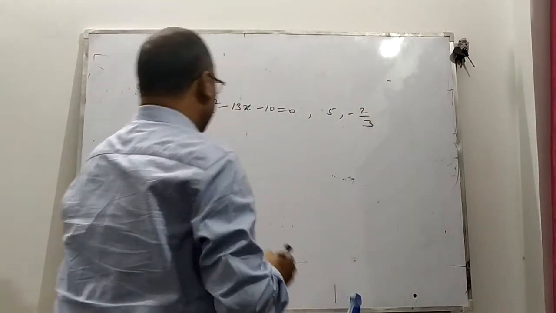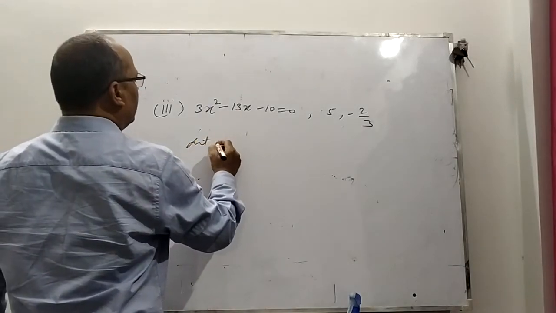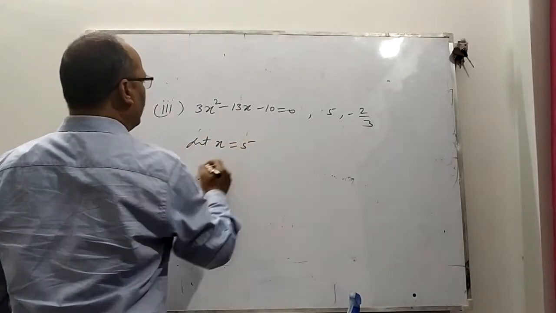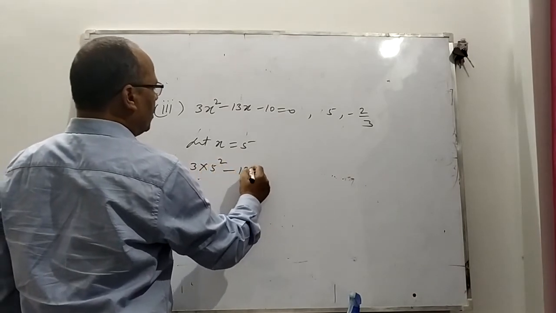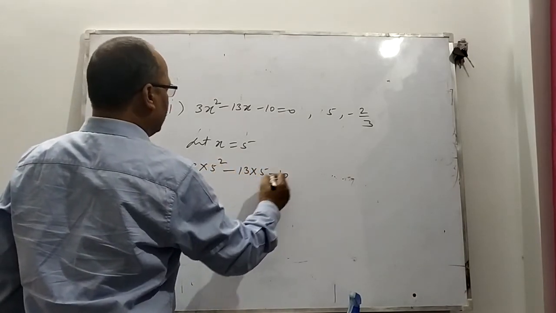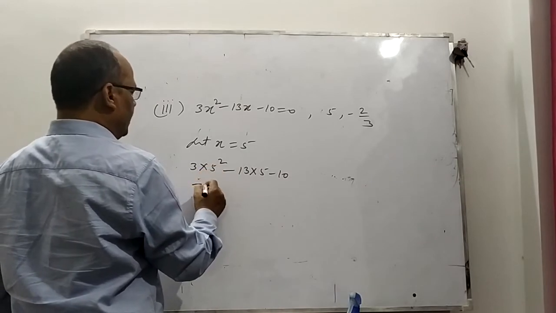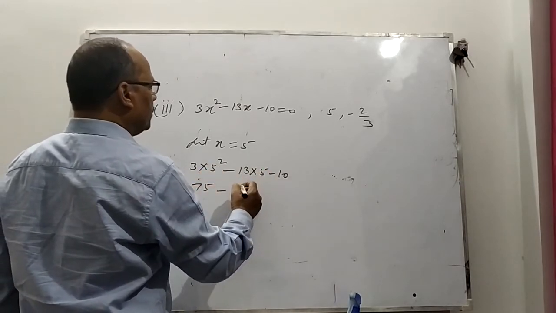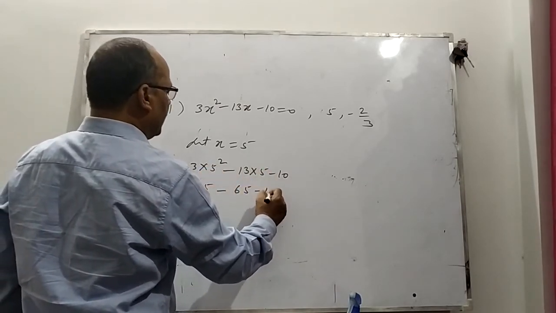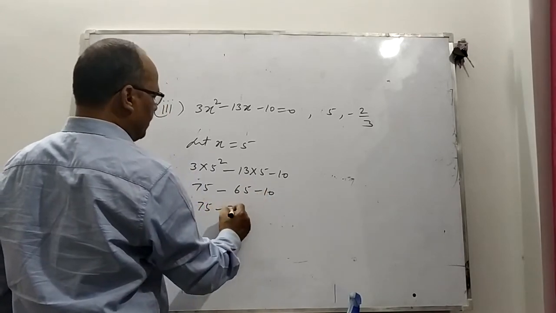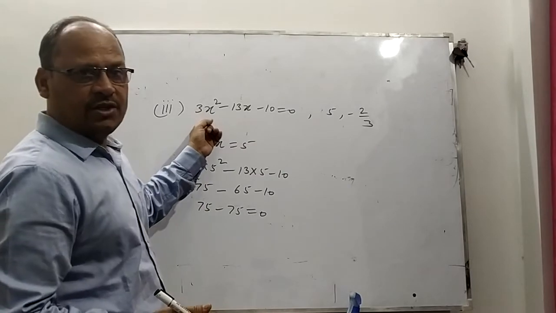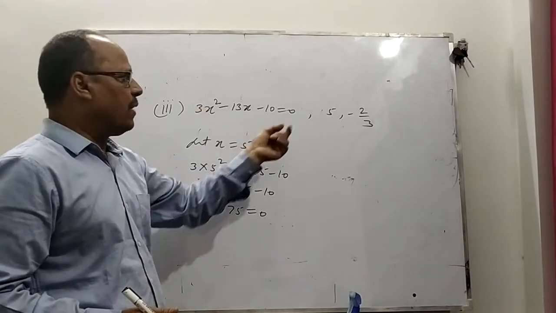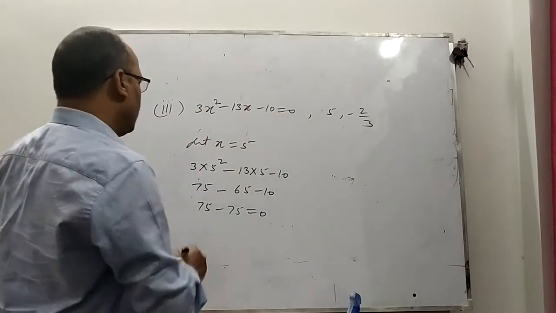Let x equal to 5: 3 into 5 square minus 13 into 5 minus 10, 75 minus 65 minus 10, 75 minus 75 equal to 0. So x equal to 5 is a solution of this equation.